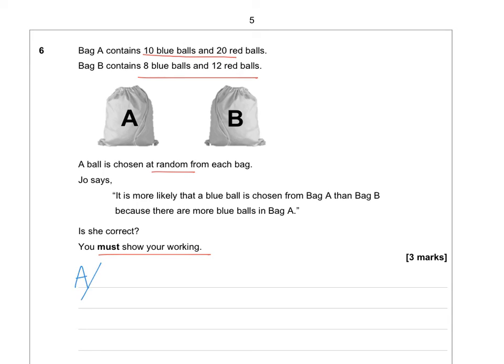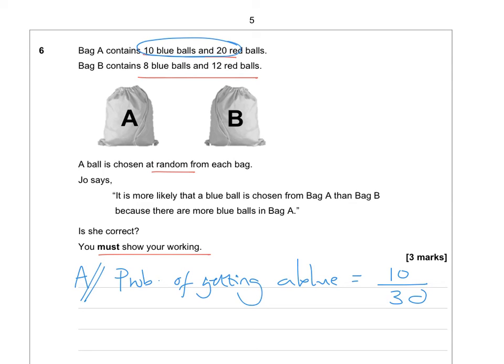So, for bag A, we know that the probability of getting a blue is equal to 10 out of 30 because there are 30 balls in total in the bag, which simplifies down to 1/3.